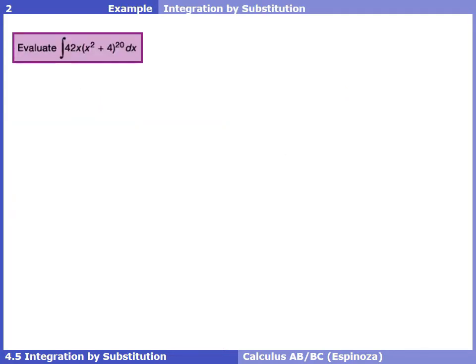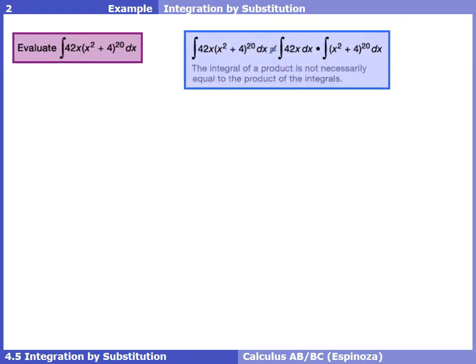Okay, let's do this first problem that's going to require integration by substitution. And you'll notice right away we can't do this problem without some new technique, especially the one that we're learning in this lesson. So one quick note to make, I mentioned this back in 4.1, but it's definitely worth mentioning again.